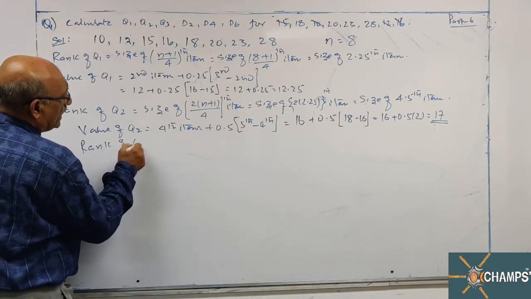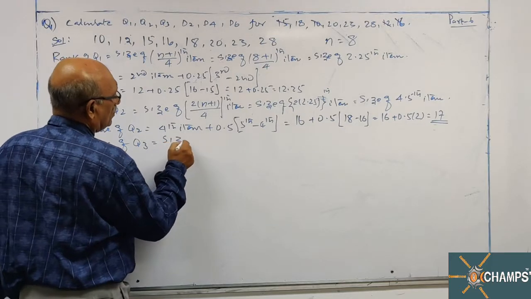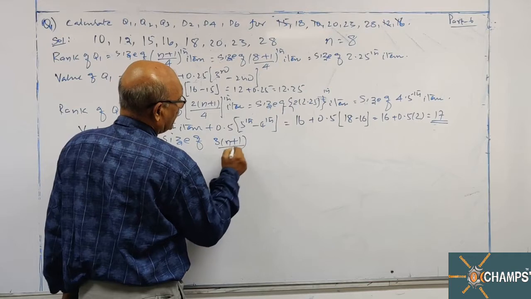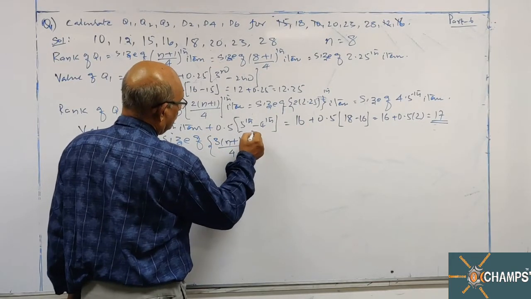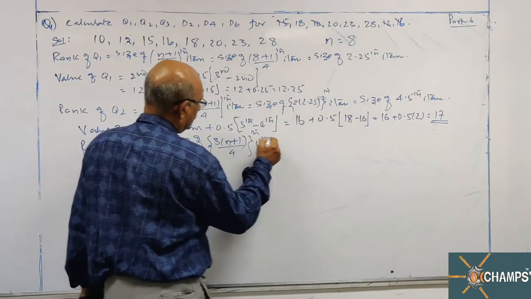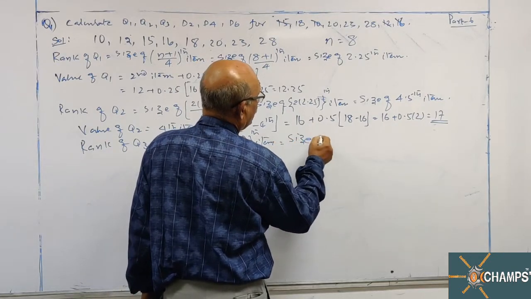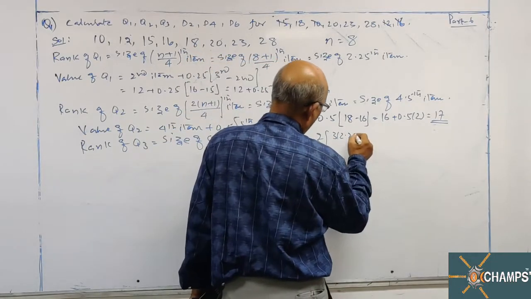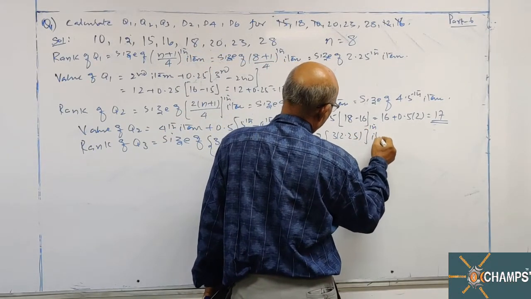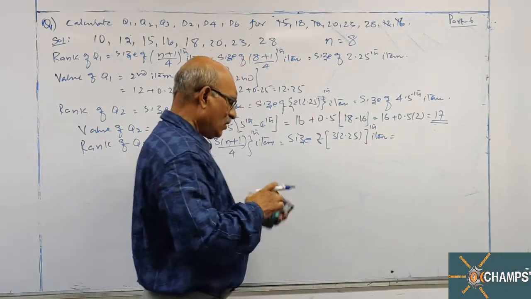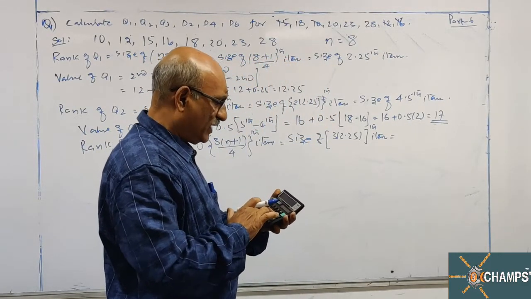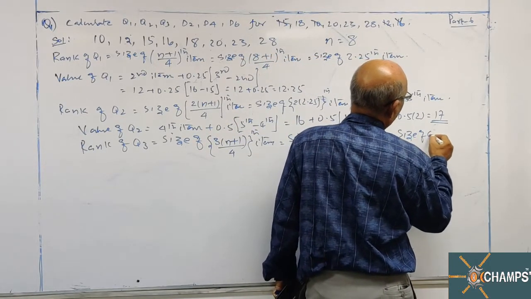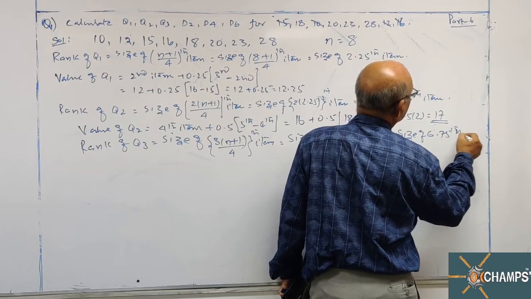Next, rank of Q3 is equal to size of 3 into (n plus 1) by 4th item. This is equal to size of 3 into 2.25th item, 2.25 into 3, 6.75. Size of 6.75th item.